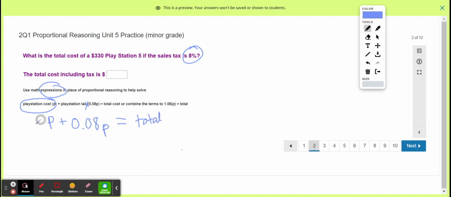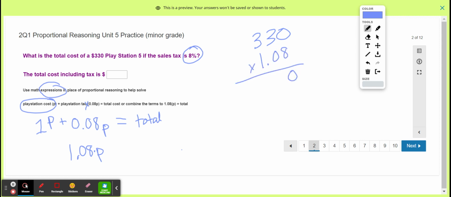We can represent this with a coefficient of 1p plus 0.08p, and that is going to give us a total of 1.08p. So we go up here, we have 330 times 1.08.